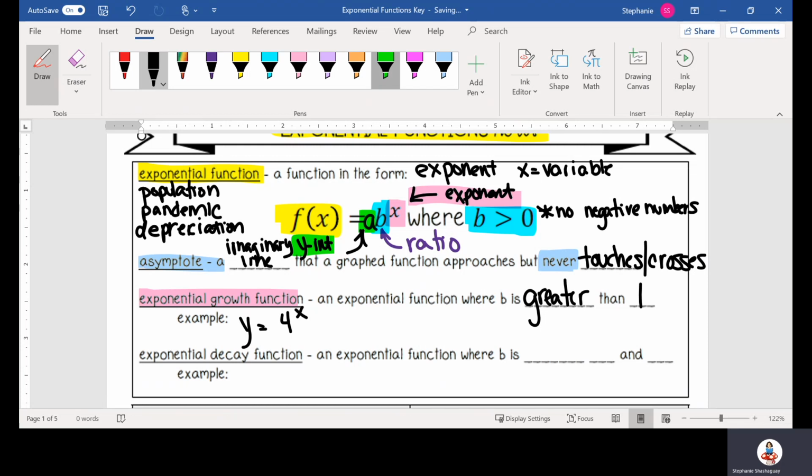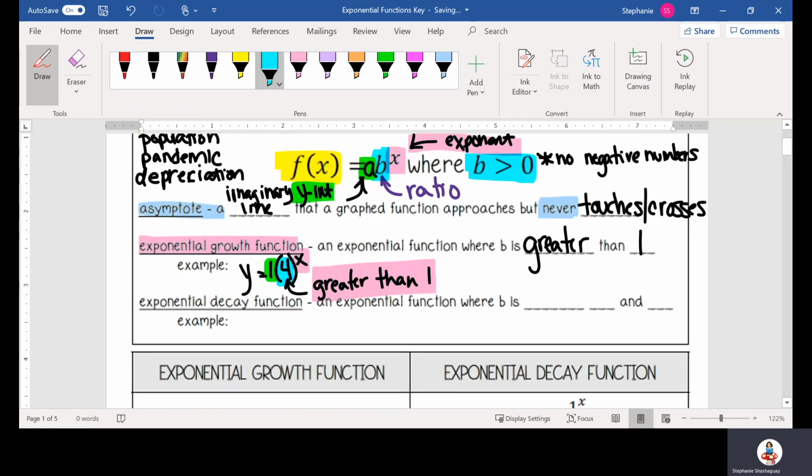Now, in this case, our a term would just be 1, because if there's not a term there, if there's not a parentheses, then that means our a term is 1. Then you would have 4, which is your ratio, and then you have x, which is your exponent. Okay, as long as this b term is greater than 1, you have an exponential growth function, meaning it's getting larger and larger.